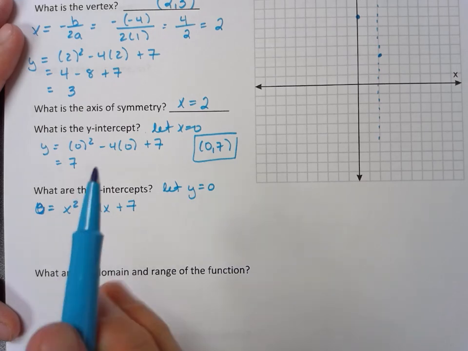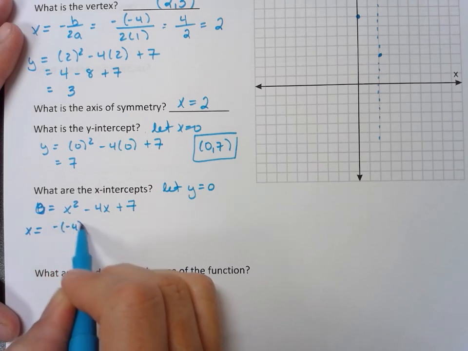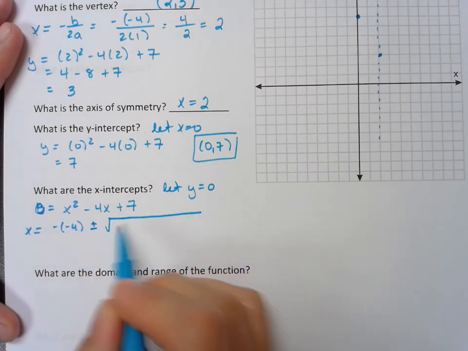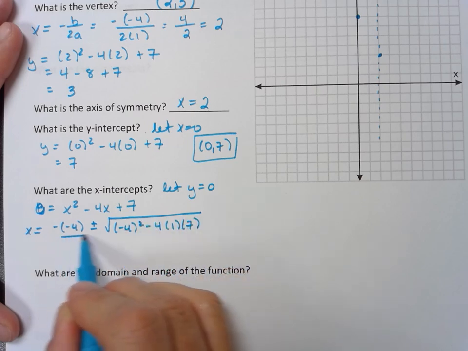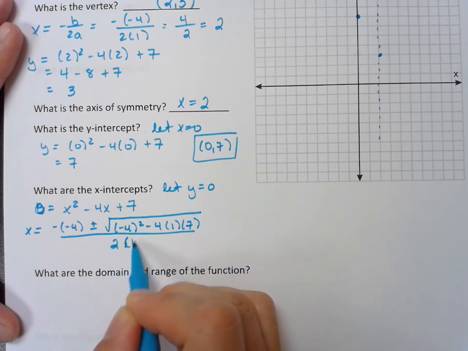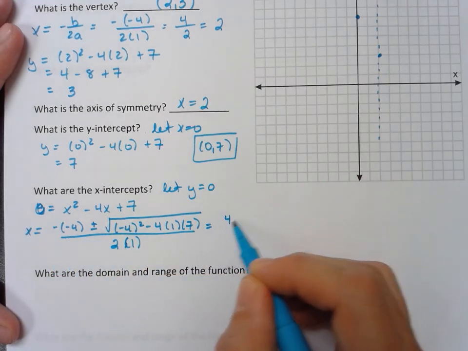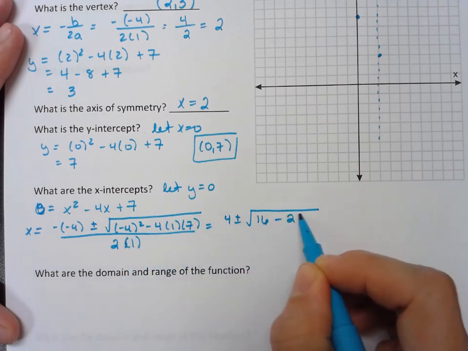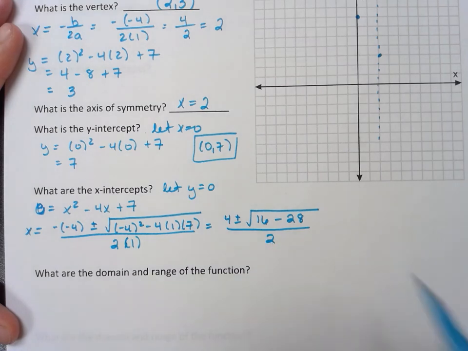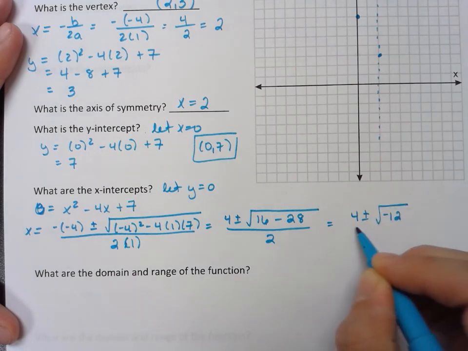I don't believe there are, which means we need to use the quadratic formula. x is equal to negative b plus or minus the square root of b squared minus 4ac all over 2a. So we end up with negative of negative 4, that's going to be 16 minus 28 all over 2, which is 4 plus or minus the square root of negative 12 over 2.